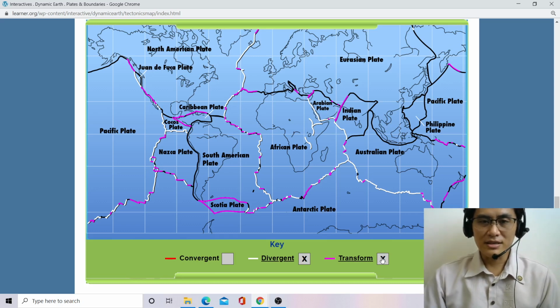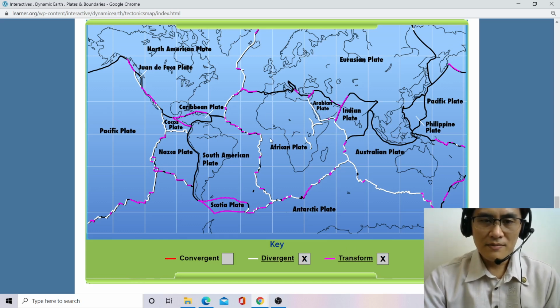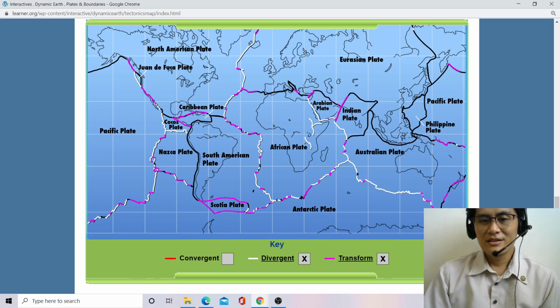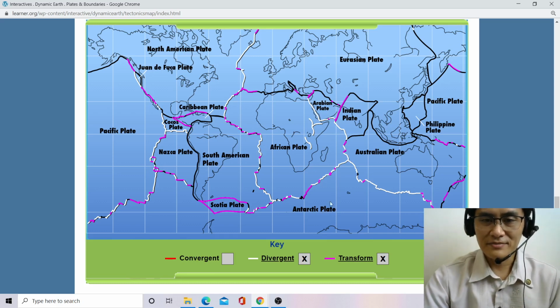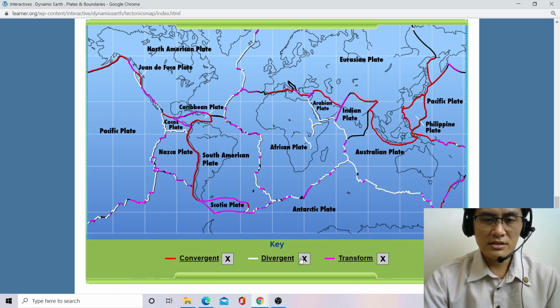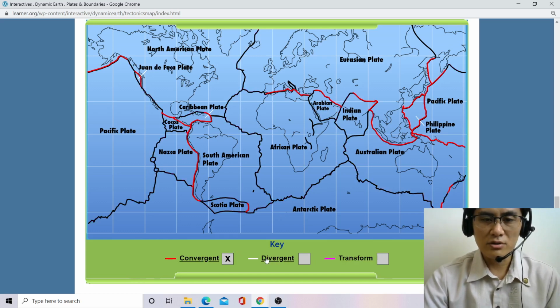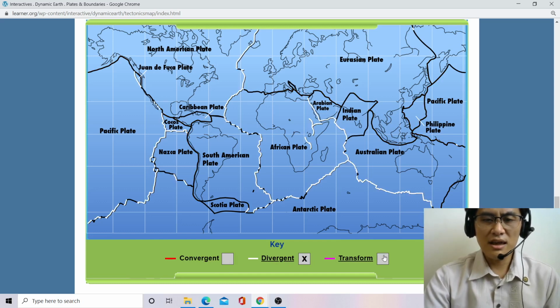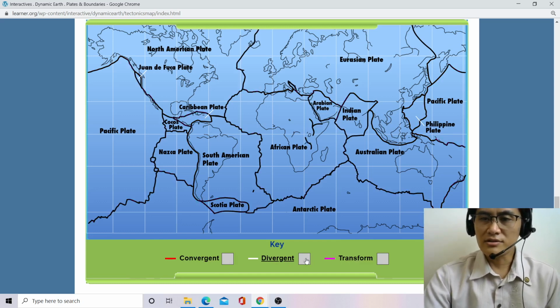Try to imagine what could be the movement of the African plate and the South American plate for these parts to be diverging, yet these parts to be transform. That's a very good exercise for your brain. So here are your convergent, divergent, and transform boundaries. Notice convergent boundaries seem to have no mix of transform boundaries. But where you can find divergent boundaries, you tend to find transform boundaries also.